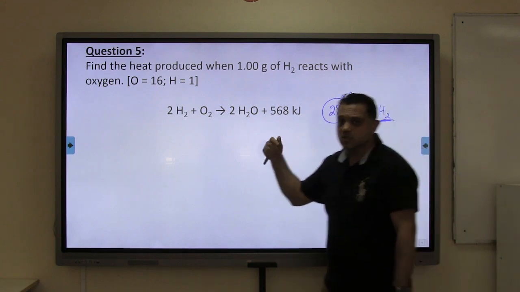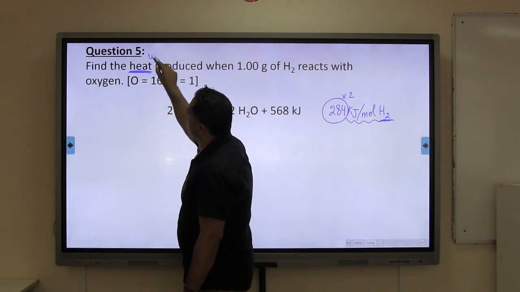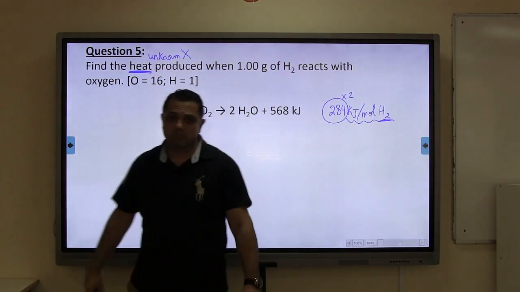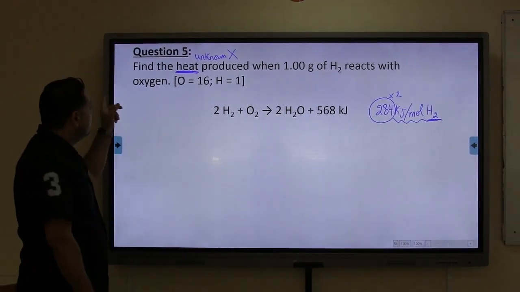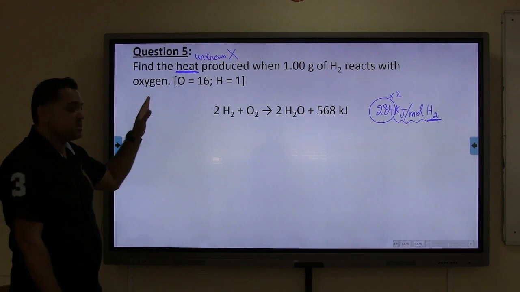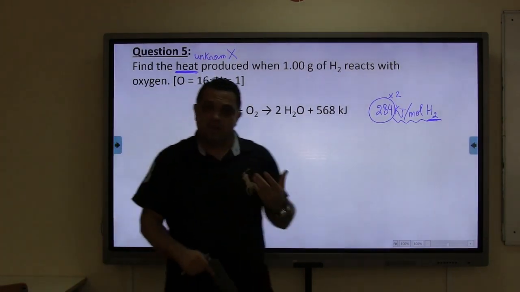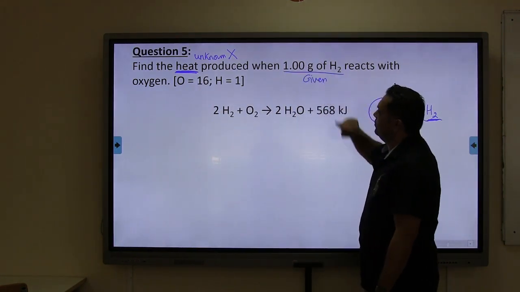Find the heat, so the heat is the unknown, and this will be the x. So we need to specify what the 2 species are here. Find the heat, which is the unknown x, produced when 1 gram of hydrogen. The other given here is 1 gram of hydrogen, so this will be the given.